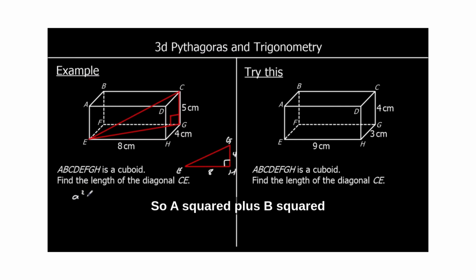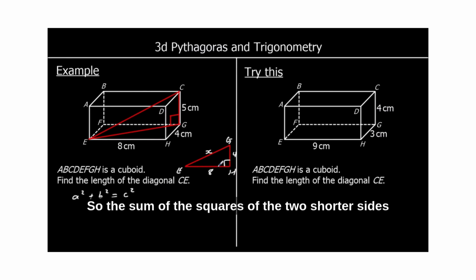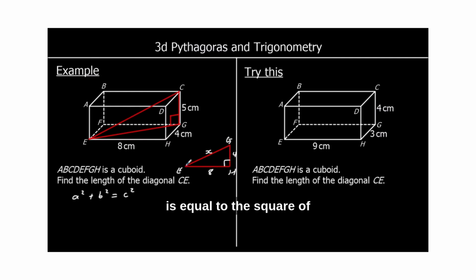So a squared plus b squared equals c squared. If we call EG x for now, x is the hypotenuse. So the sum of the squares of the two shorter sides is equal to the square of EG.